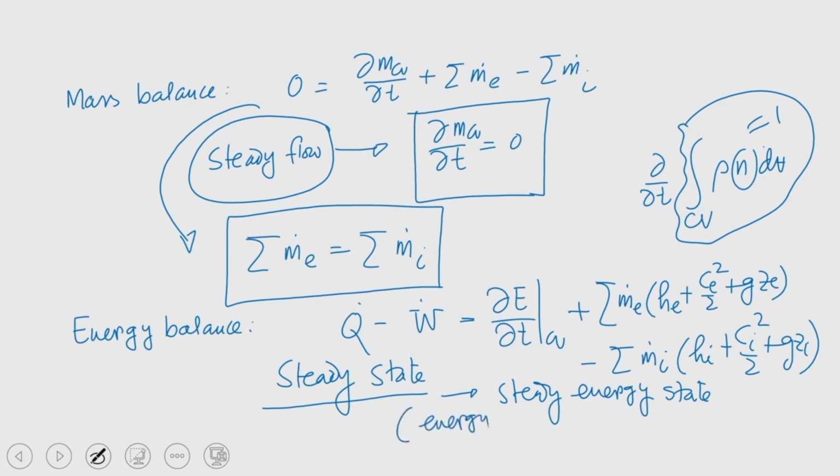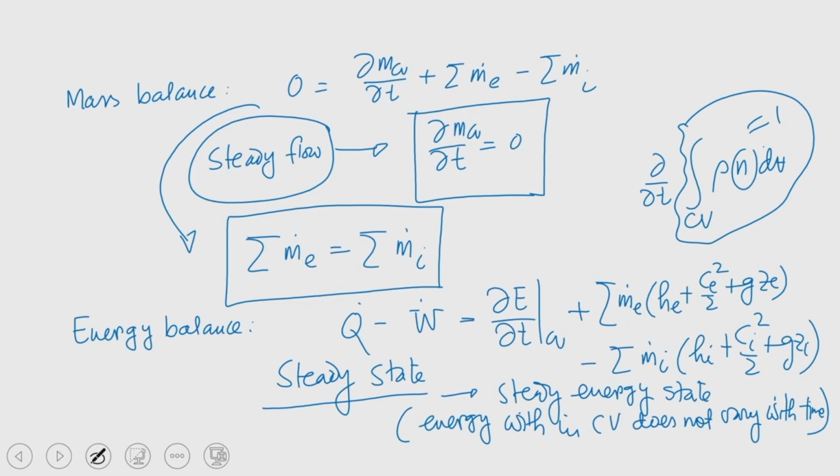So, energy within the CV does not vary with time. If energy within the control volume is not varying with time, we can make this term equal to 0.